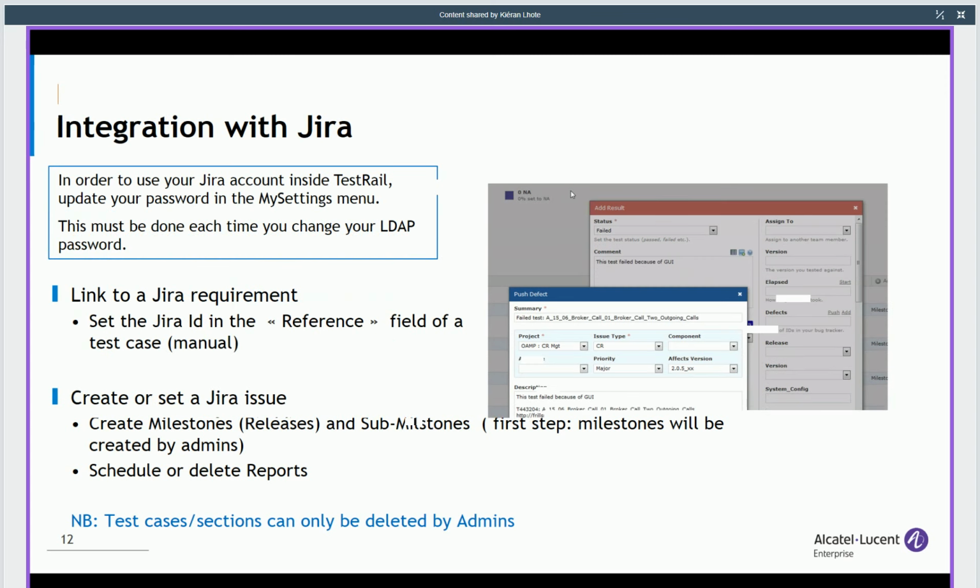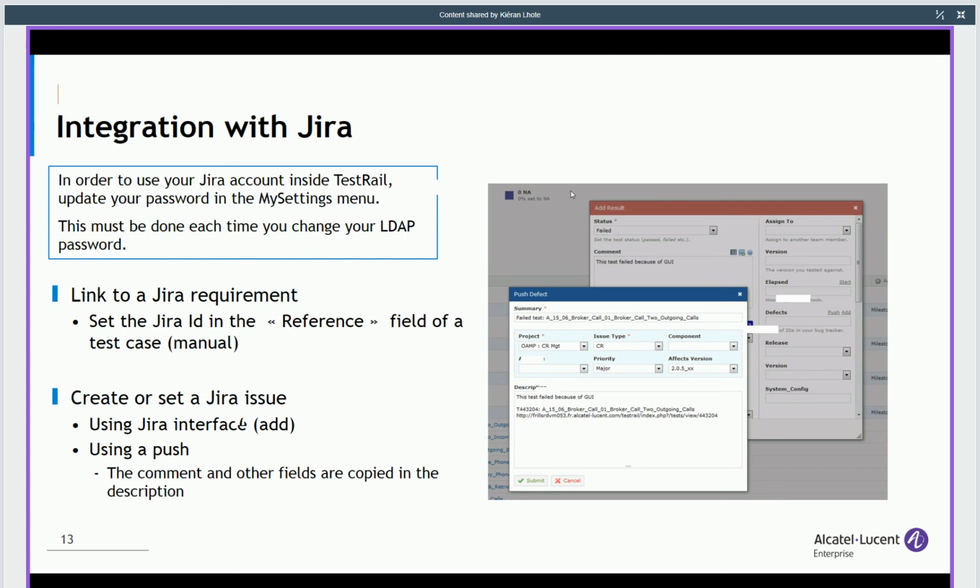A word about the integration with Jira. As I said, this is one of the major points of TestRail. It is possible to link tests to Jira objects and to create Jira objects directly inside TestRail. And it's possible to create test cases inside Jira.